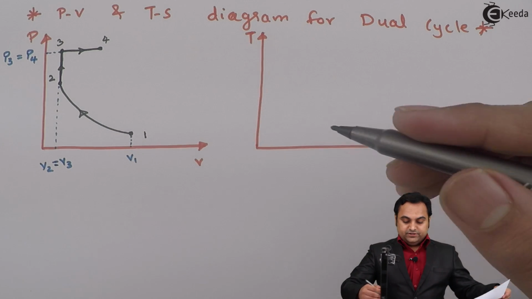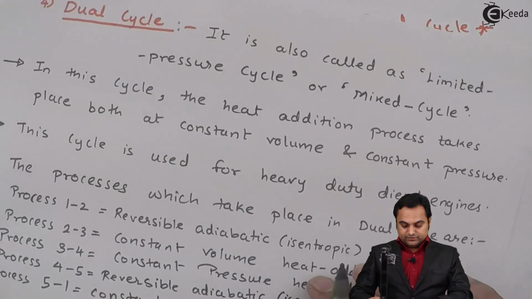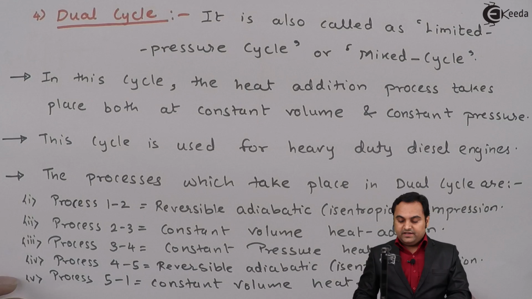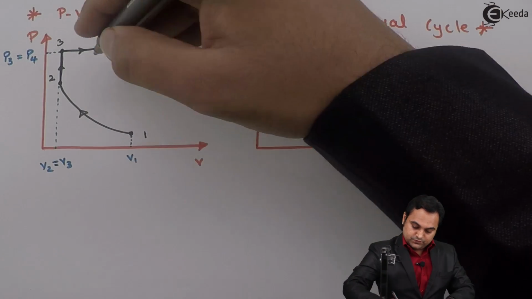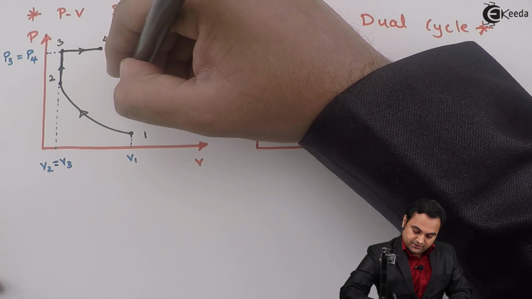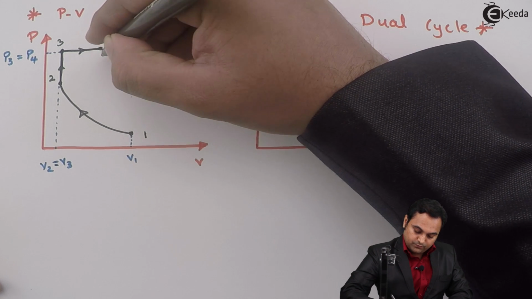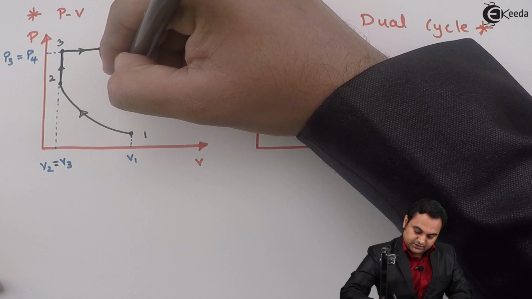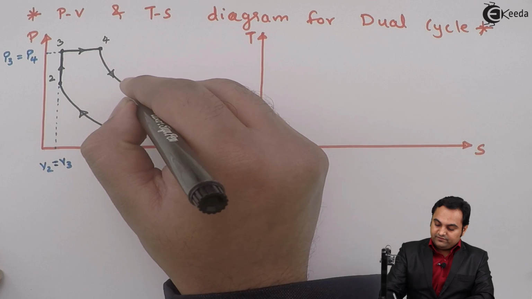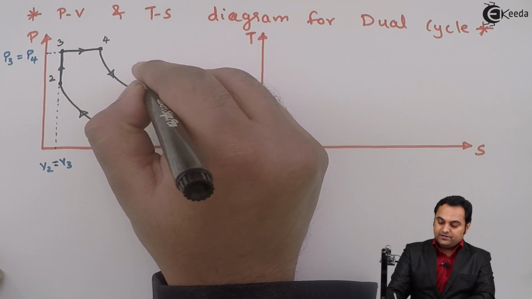Next, after the heat addition process at constant pressure, we have process 4 to 5, reversible adiabatic, that is isentropic expansion. So now, as it was for compression, the expansion process will also follow a curve which is isentropic process.